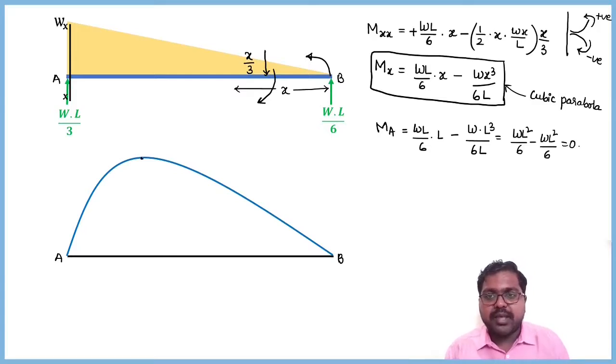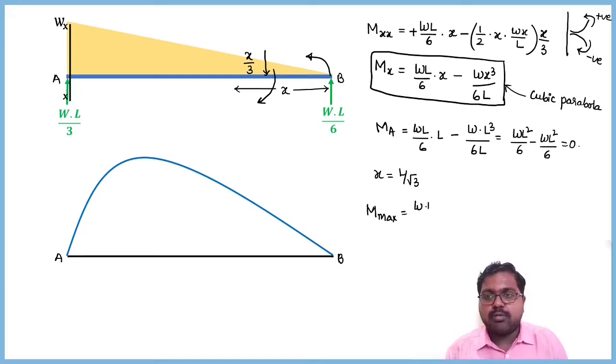For that I am taking the x length which I got from zero shear force, that is equal to L by root 3, where at this point the shear force is equal to 0. So from that we will get the maximum bending moment. M max will be equal to, placing this value of L by root 3 in this equation, Mx equal to WLx by 6 minus Wx cube by 6L.